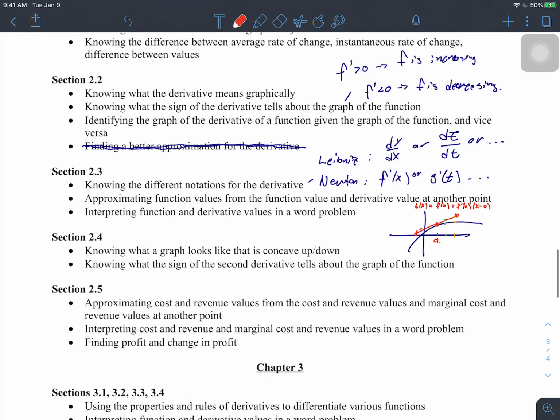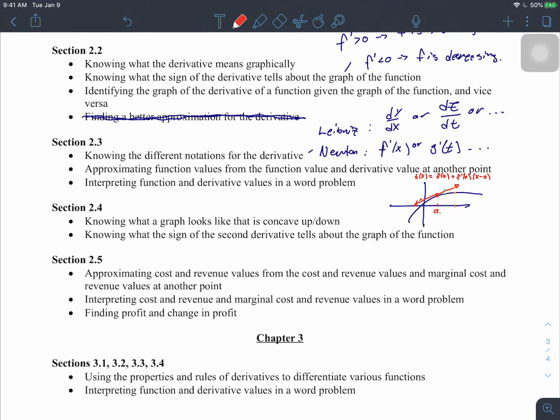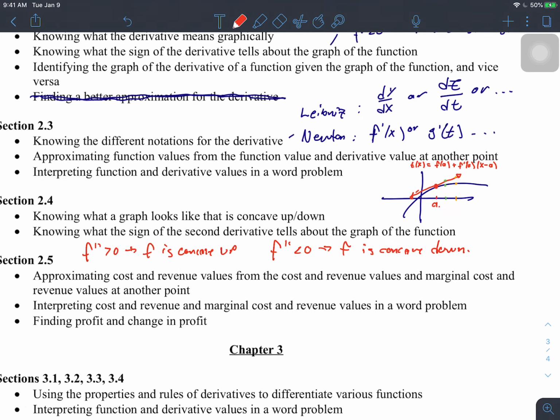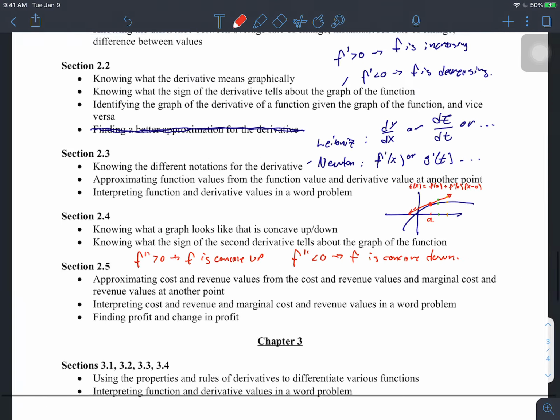And knowing what the sign of the second derivative tells us about the graph of the function, well, we decided that f double prime larger than 0 tells us that the function f is concave up, and f double prime less than 0 tells us that f is concave down. So that was the second derivative.